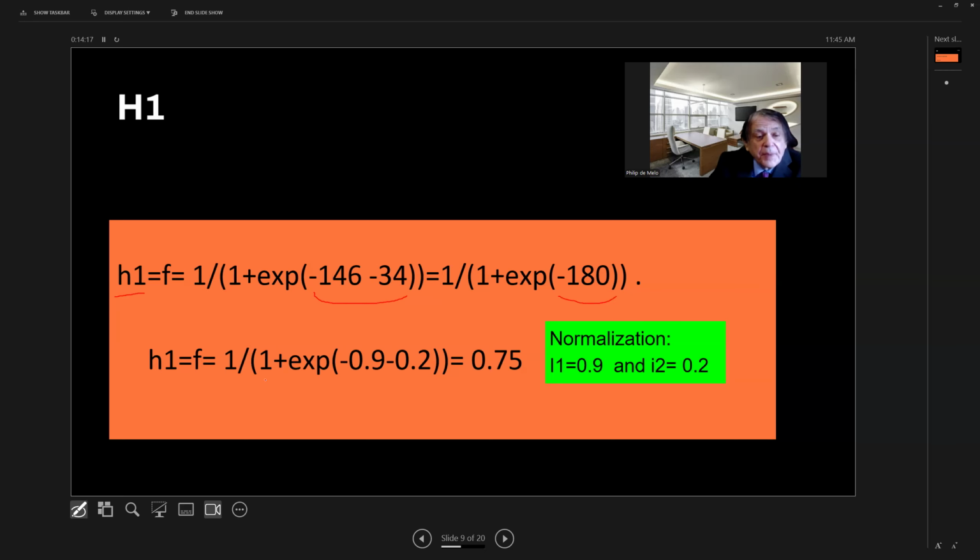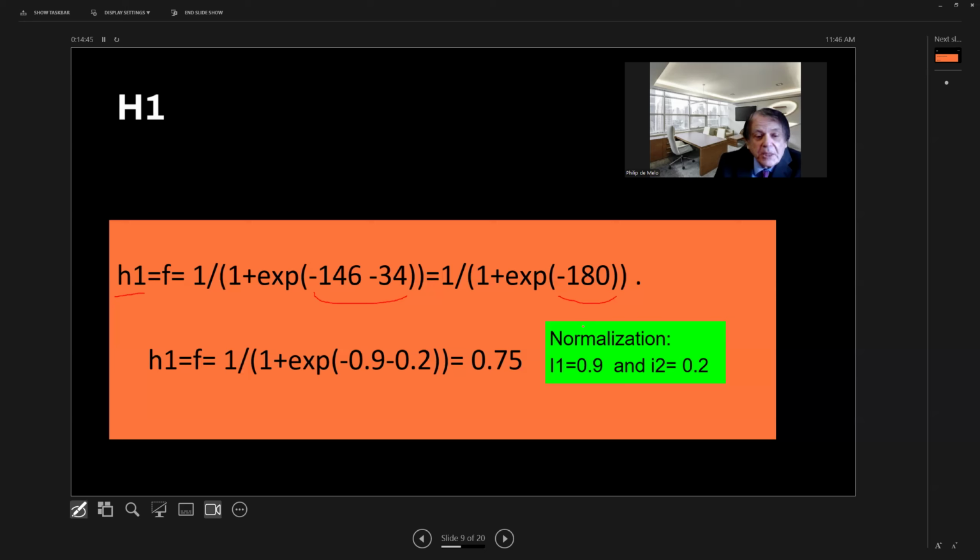What happens here, and I strongly recommend you, there are many ways, because this one is a very small number, okay? Very small number, but also to calculate this number is a challenge. So I urge you, when you build a neural network, to normalize the values, let's say in our case, glucose and BMI.